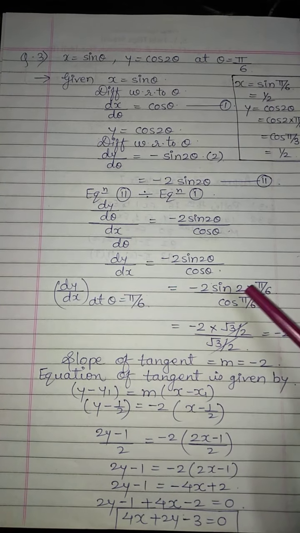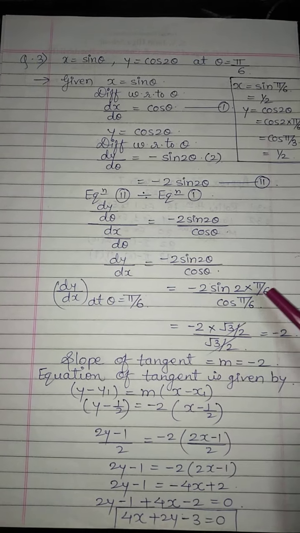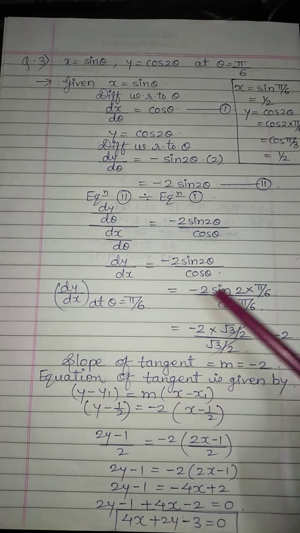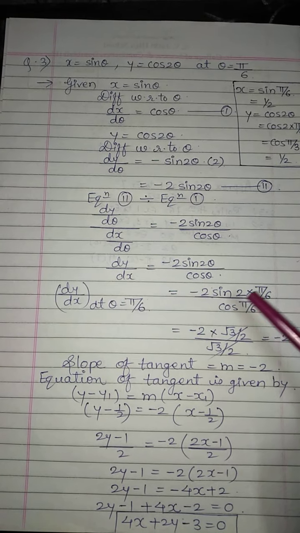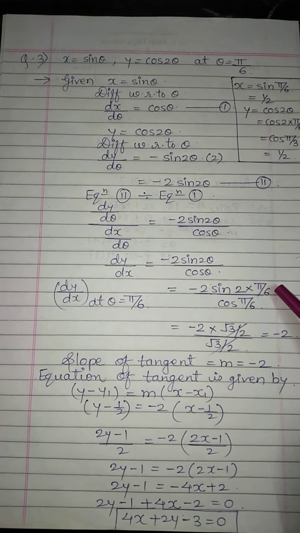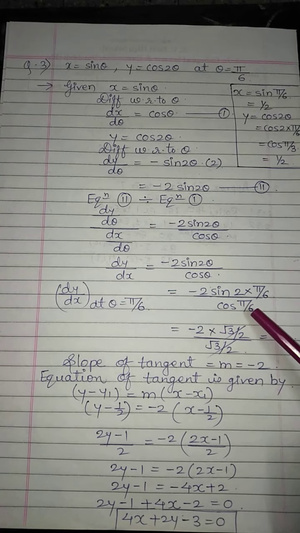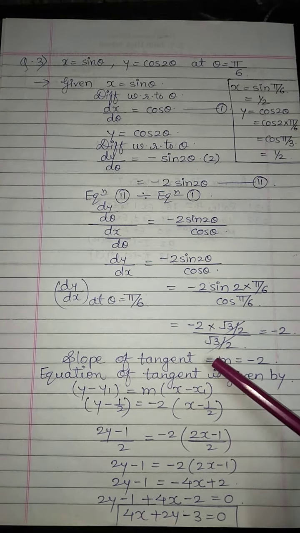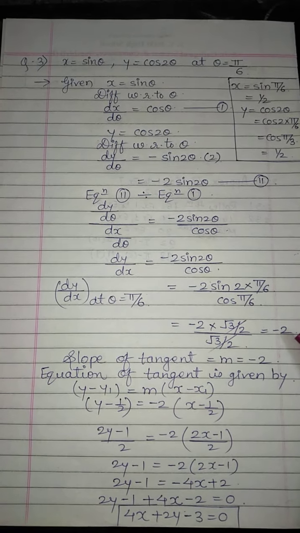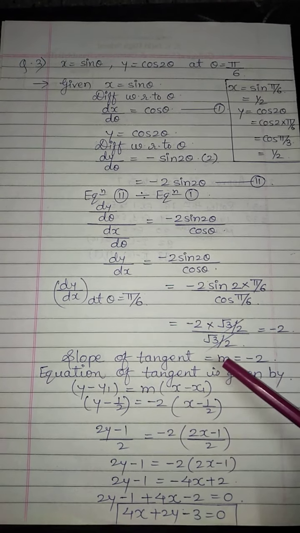So in place of theta we will substitute pi by 6. Here after simplification we will get minus 2 into sin pi by 3. The value of sin pi by 3 is root 3 by 2. Similarly the value of cos pi by 6 is equal to root 3 by 2. So both the terms get cancelled and we get the value of slope as minus 2, which is nothing but m.